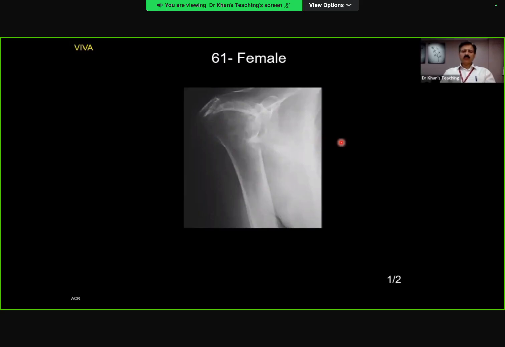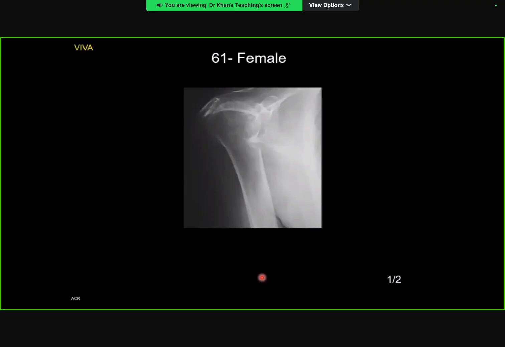So if you can please tackle this film, a very, very good FRCR2B film, though the quality is slightly suboptimal. Over to you. Right, so this is a frontal radiograph of the right shoulder of a 61-year-old female, showing marked deformity of the right shoulder joint.